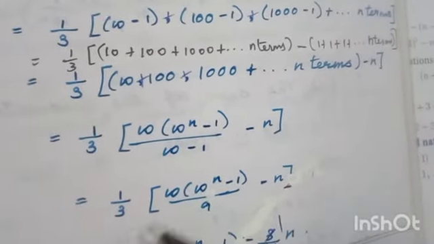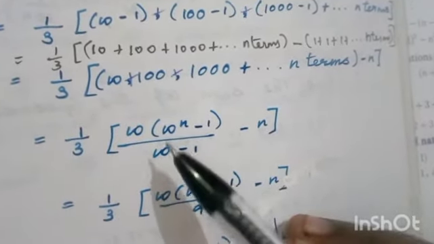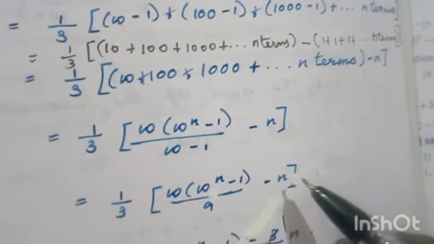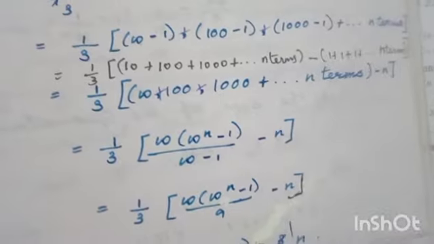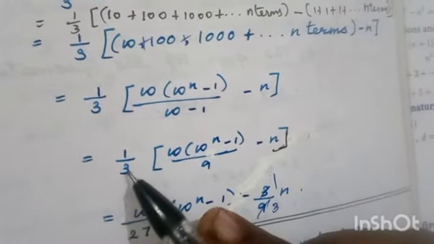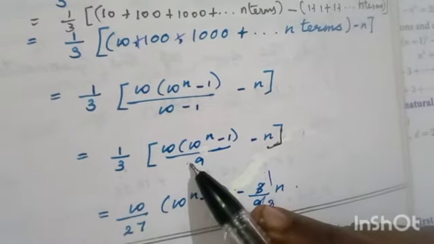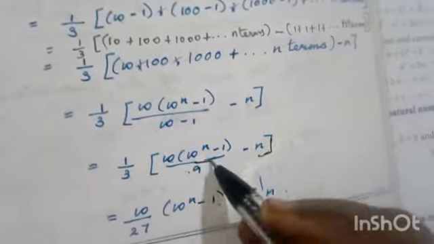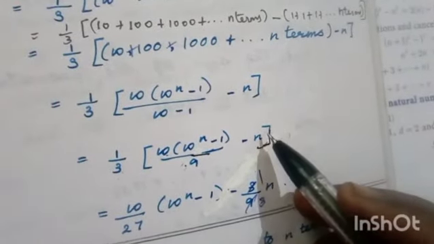So that is 1 by 3 into (10 into (10 power n minus 1) by 9 minus n). Now we have to separate this: 1 by 3 take inside, that is 10 into (10 power n minus 1) by 9 minus 3 by 9.